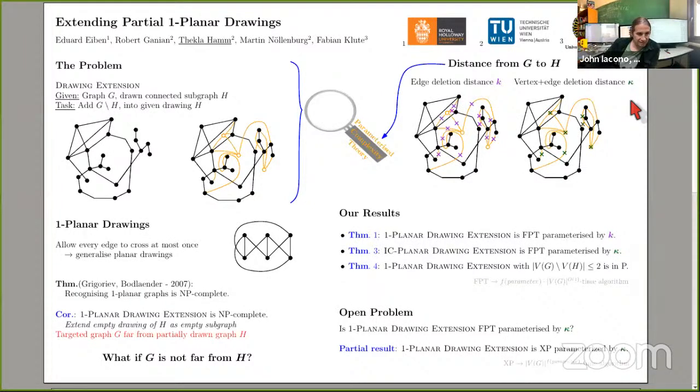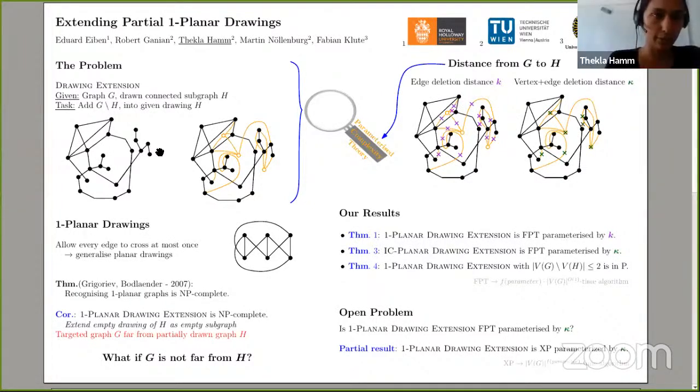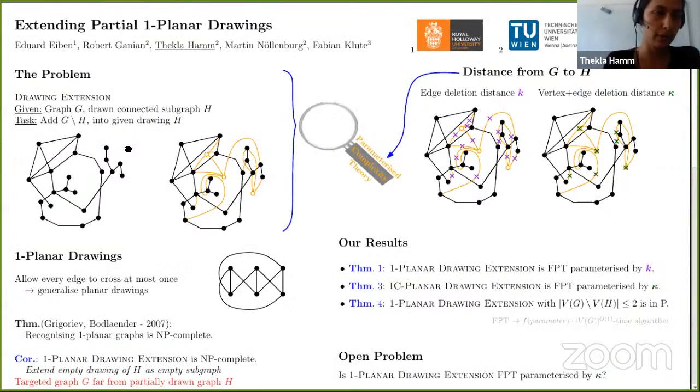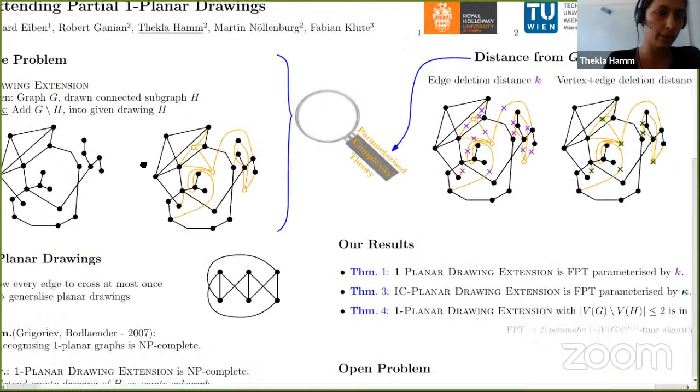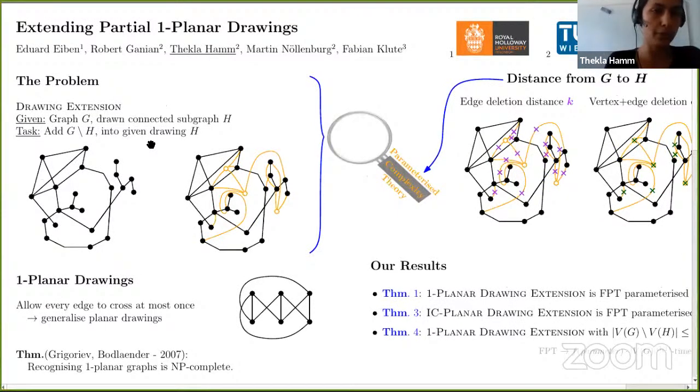Let me quickly recall the problem. What we looked at was a drawing extension problem, which means that we are given a graph G that we want to draw, and part of it, namely a connected subgraph, is already drawn.